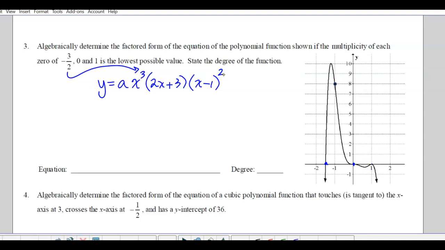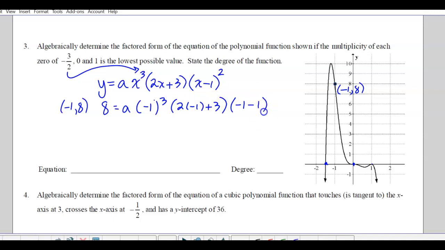Okay. Then we look for another point. So here's a point, negative 1, 8. So I will put those values in and figure out what a is. So that's negative 1. Negative 2 plus 3 is 1. Negative 2 squared is 4.